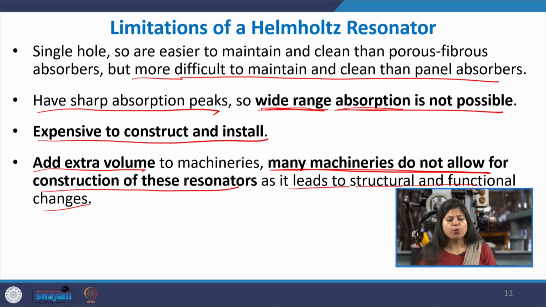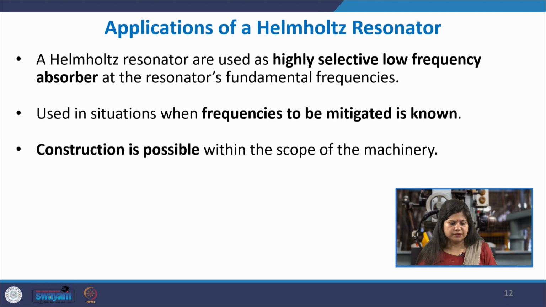Now let us see what the most common applications of the Helmholtz resonator are. As I told you again and again, this is a very highly selective low frequency absorber, where you know exactly which hertz you want to absorb, say 150 hertz or 200 hertz, where the sound is peaking.